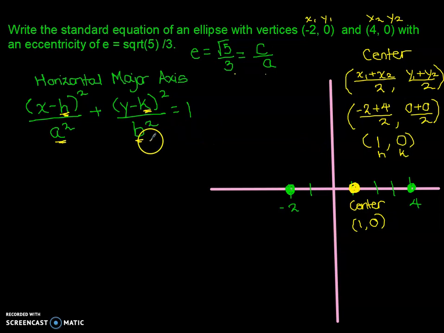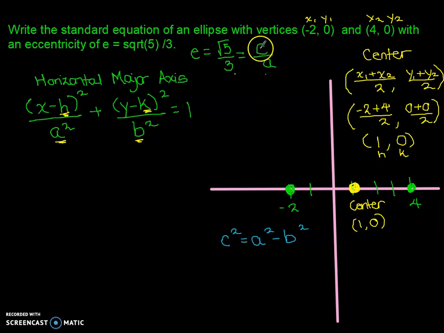Now, how do I find b? Remember the formula that if you're given the values of a and c, c squared equals a squared minus b squared. So b is the distance from the center to the co-vertex, which represents the minor axis, from the center to the end on the minor axis, both ways.